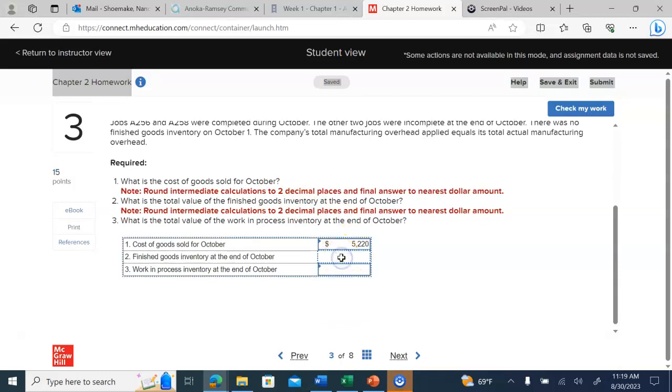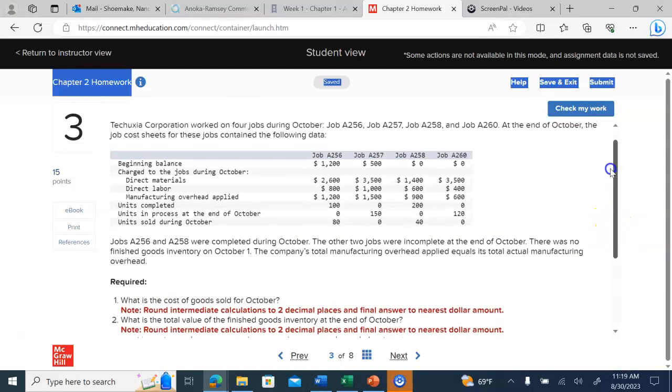So how will we calculate the finished goods inventory at the end of October? Well, we know we have 20 units left in finished goods here. We've got 160 units left in finished goods here, don't we? Do you see that? If we sold 40, we've got to have 160 left. If we sold 80, we've got to have 20 units left.